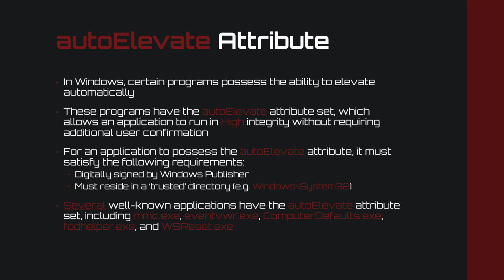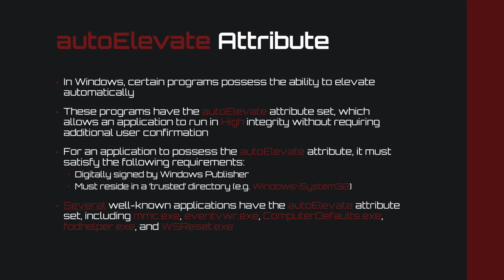Now, obviously, not every application can leverage the autoElevate attribute, as that would be a security vulnerability. But in order to do so, it must both be digitally signed by a trusted authority, and it must reside in a trusted directory. So for example, the System32 folder.